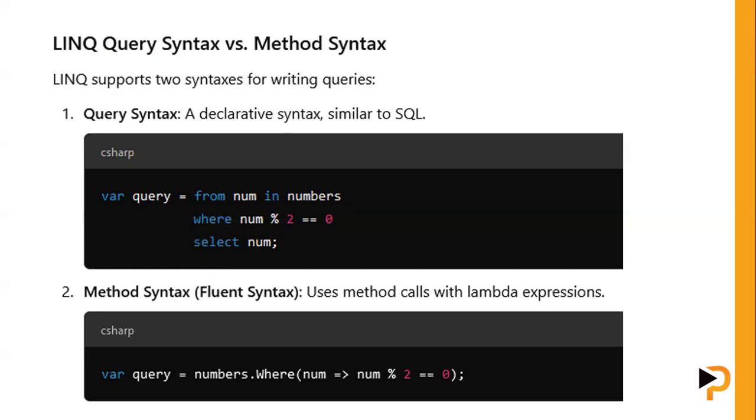Because I am aware of database-related concepts, these keywords are a little easier for me to remember. The next one is the method syntax: numbers.Where, like this. You use method calls with lambda expressions, and it's a declarative syntax similar to SQL. These are the two types of syntax LINQ uses: query syntax, and the second one, method-based.